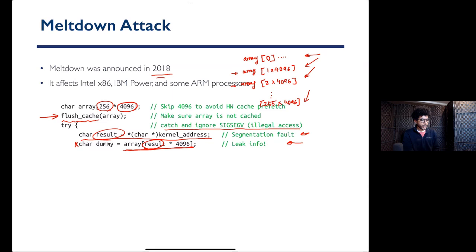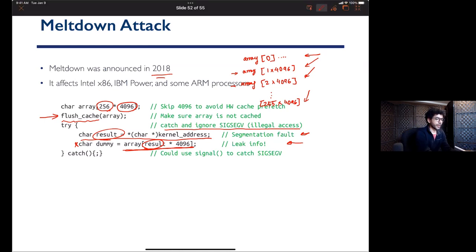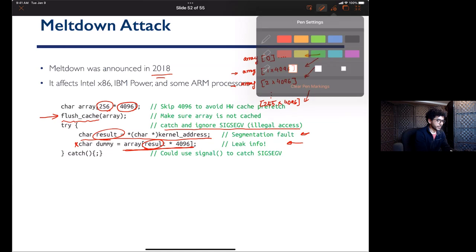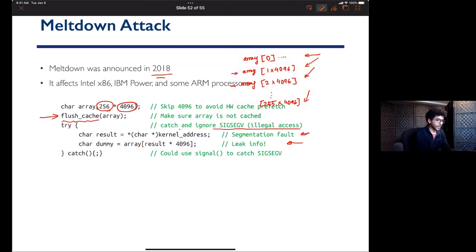Now, in modern processors, these instructions happen out of order. What could happen? Now, this part, let me remove this here. This single instruction here is going to be divided into micro instructions.